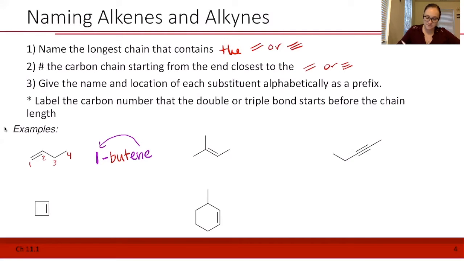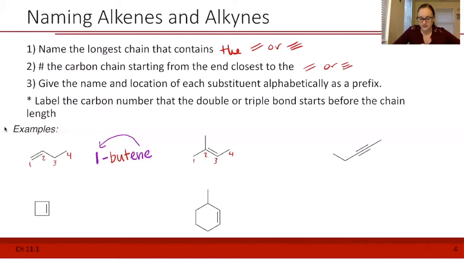Let's try another one. Now we have another 4 carbon chain, and we have a substituent on this one. But let's go ahead and we found no matter which way you really number this carbon chain, you're going to get 4. And it doesn't really matter which way you go for this one, but let's go ahead and just give ourselves a number. So we have 1, 2, 3, 4.